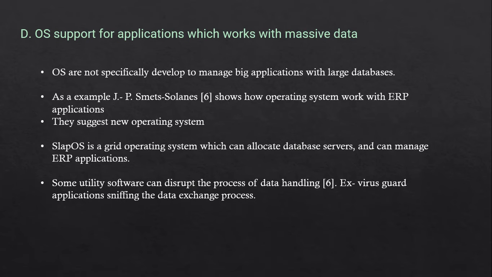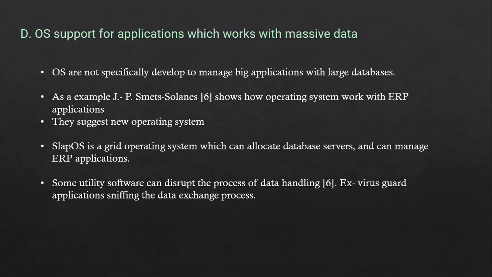The other thing is OS support for applications with massive data. Here we have discussed big applications like ERP applications. When we work with big applications like ERP, it is hard to manage databases in those systems. So they have suggested a new operating system called SlapOS.